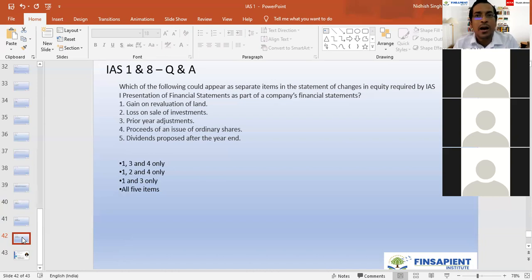Generally, dividend numbers are reflected in the cash flow from financing in the cash flow statement across all the industry almost. Of course, IAS 7 gives some flexibility in that as well. We'll see when we go into that standard. It lets you decide between cash flow from operations and financing. But in our fund industry, generally dividend distribution during the year, we disclose it as a separate line item in our SOCINA.